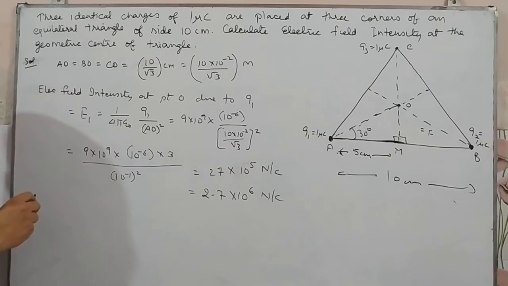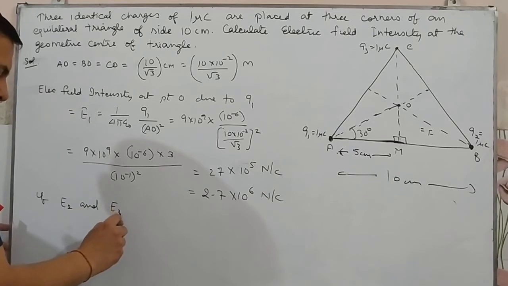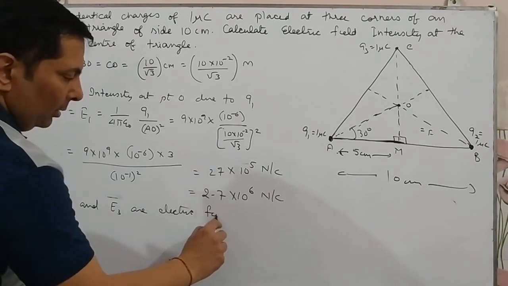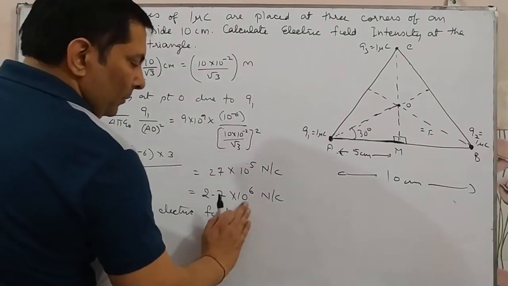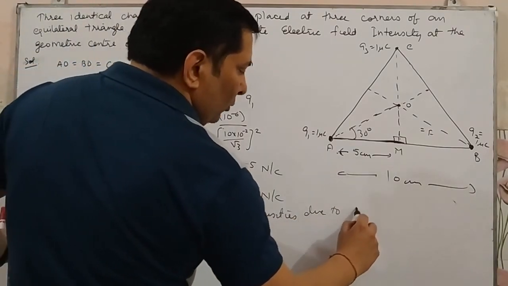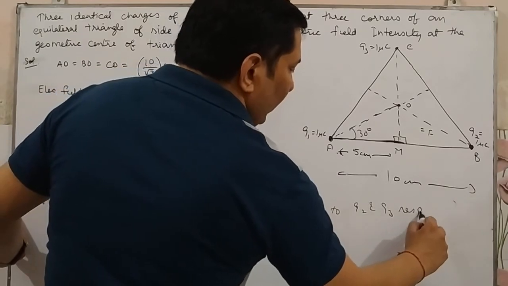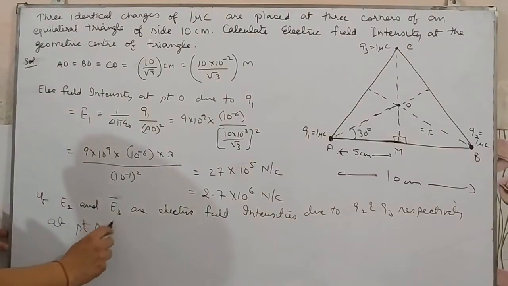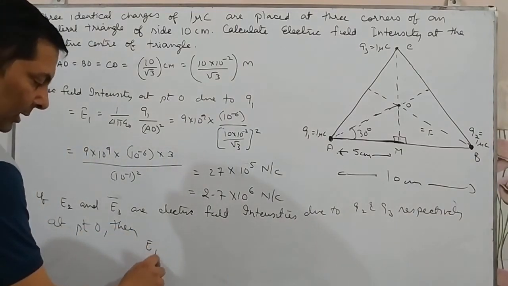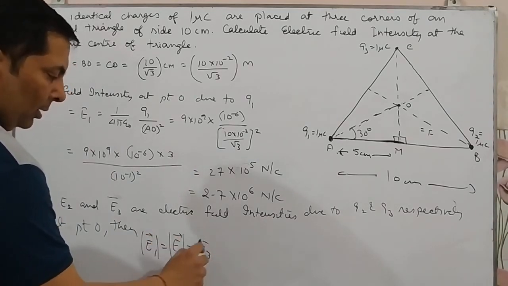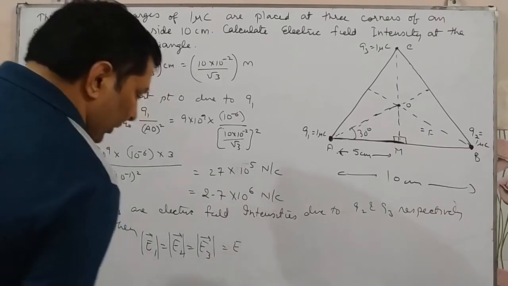So if E2 and E3 are the electric field intensities due to Q2 and Q3 respectively at point O, then E1 equals E2 equals E3, all equal in magnitude, let it be equal to E.